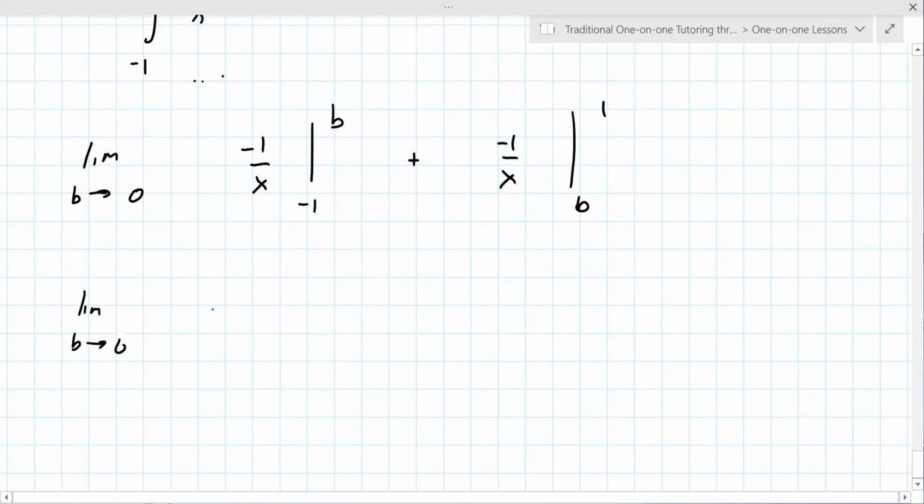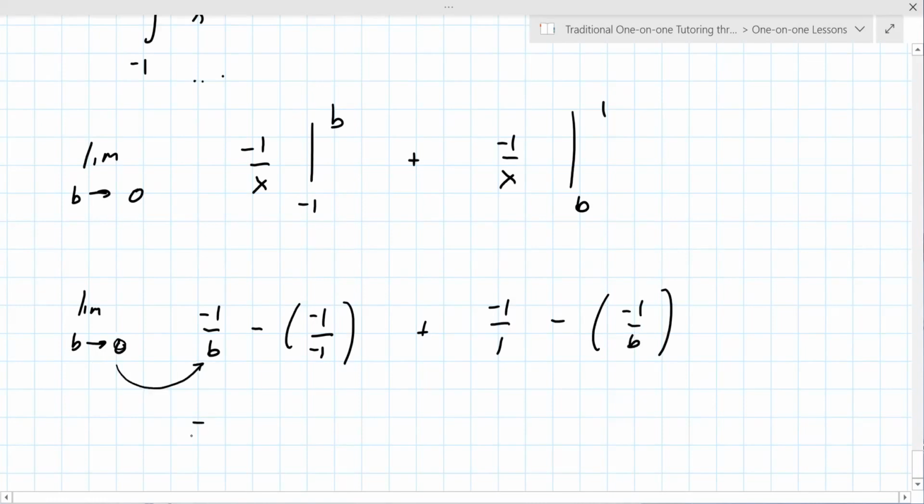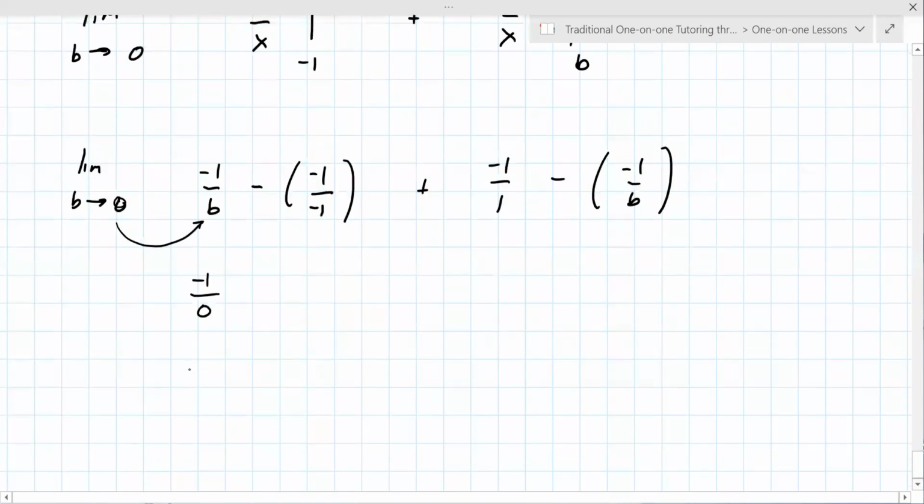So this first part is minus 1 over b minus 1 over minus 1, plus minus 1 over 1 minus 1 over b. So what happens when b goes to 0 right there? You get minus 1 over 0, which you're not supposed to write, but you're supposed to think. And any number over 0 diverges. This part right here. So since this diverges, the whole thing diverges.